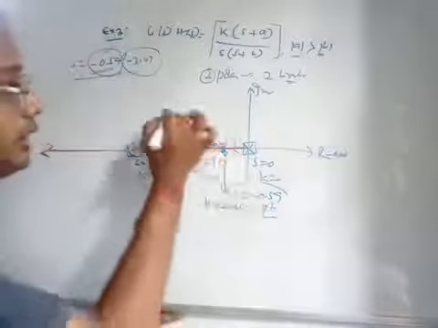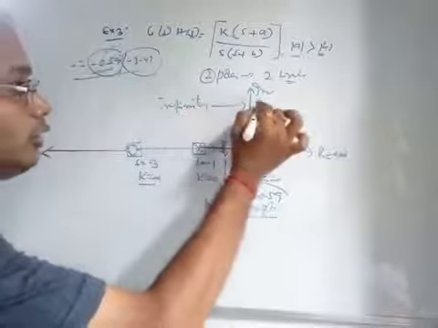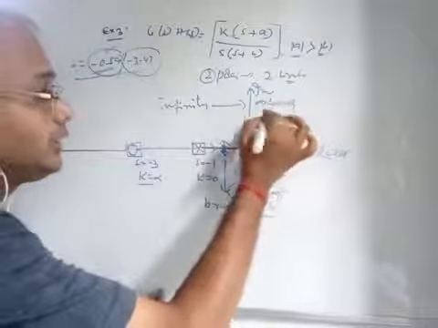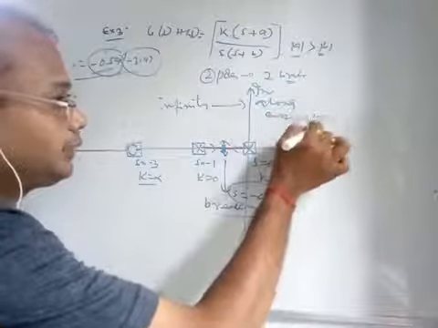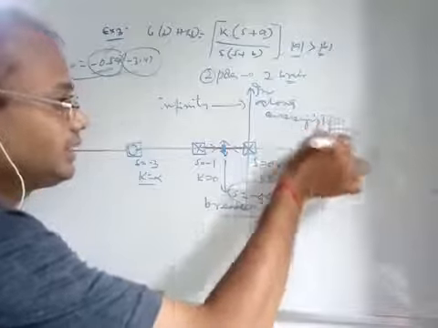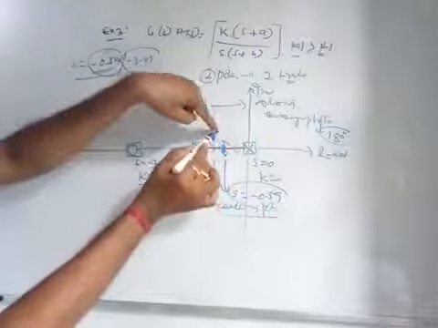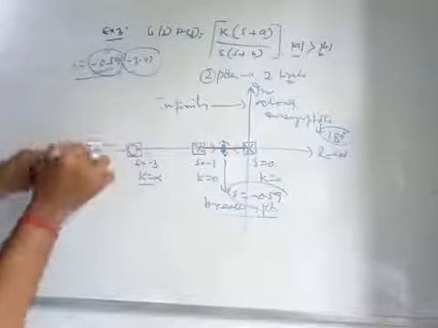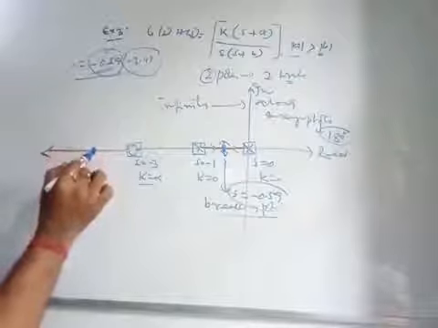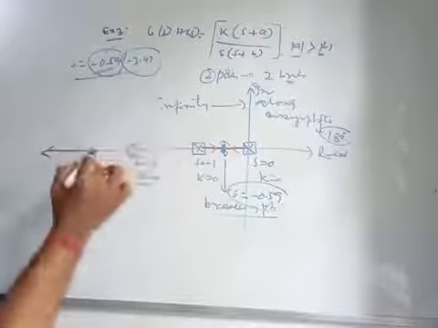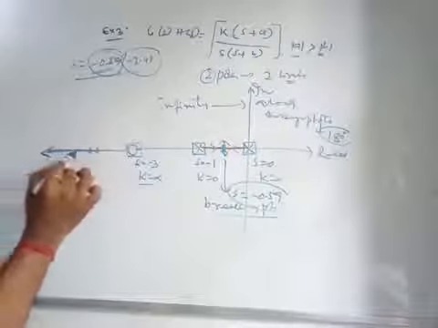And when this goes to infinity, it will go along an asymptote, and the asymptotic angle here is 180 degrees. That means the branch somehow has to come to this point, right? Until the branch comes here, how will they follow this path?